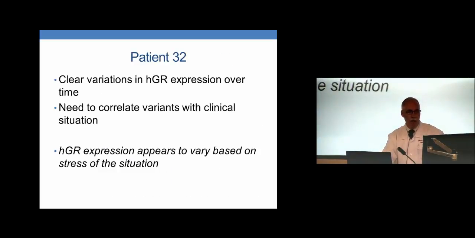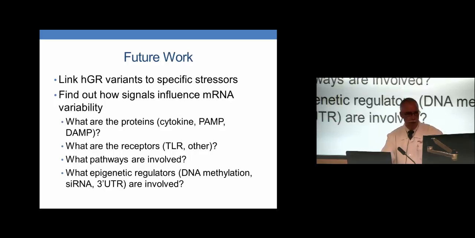So clearly, he's got variations over time, and as we do more patients, they may vary over time. We need to do the clinical correlations. And our theory is that the HDR expression appears to be variable based on the stress of that situation.